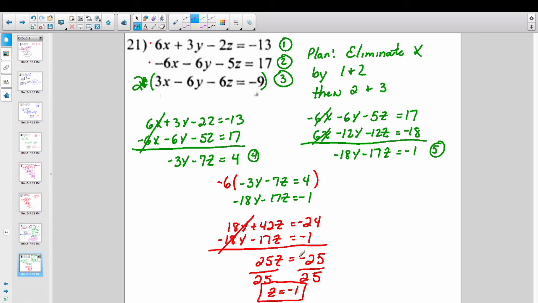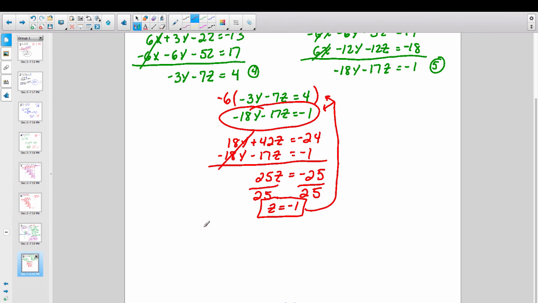So what you do is you take this, you go back to any one of these two equations, plug in z equals negative 1, and what will happen is you'll find out what y is. So let me pick this guy, just randomly. Negative 18y minus 17 times negative 1 equals negative 1.